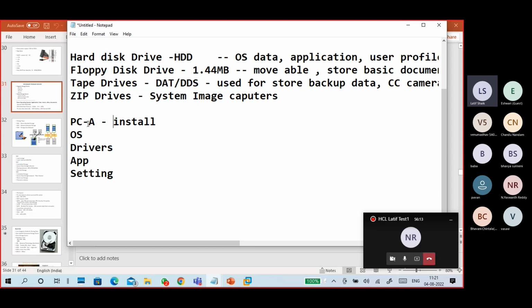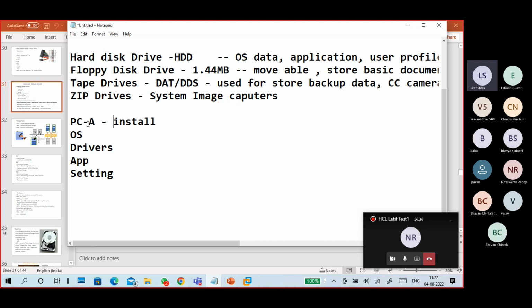Pre-data means OS images, like Windows 10 images, Windows Server images, Linux CentOS 7 images. And applications like Java, GitHub, Git, Jenkins. Also the Python application.